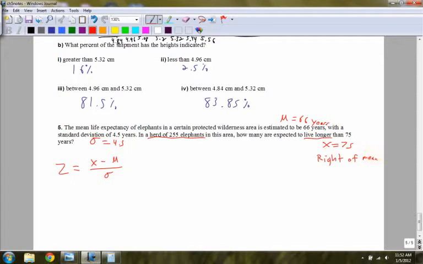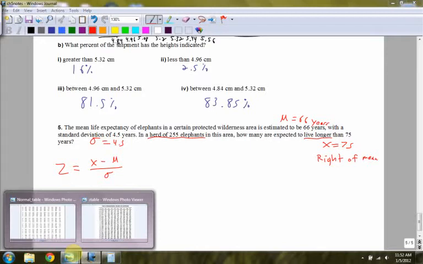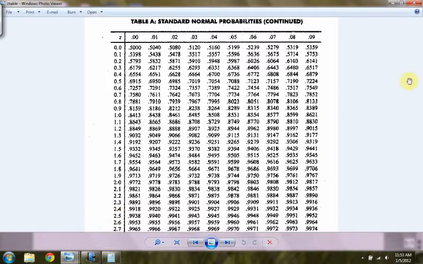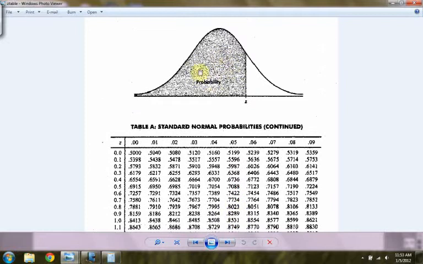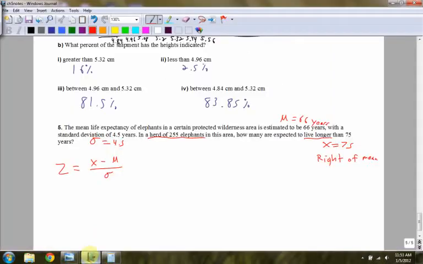And that means that on our z chart, we're going to have to subtract it from 1, because your z charts always give you the area to the left. We need the area to the right. So to find that area, you just subtract your probability from 1, from 100%. Okay, so first thing we need to do is figure out what our z value is.